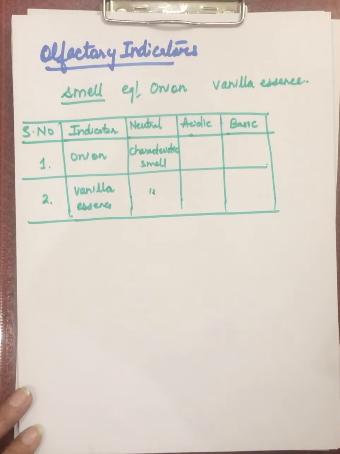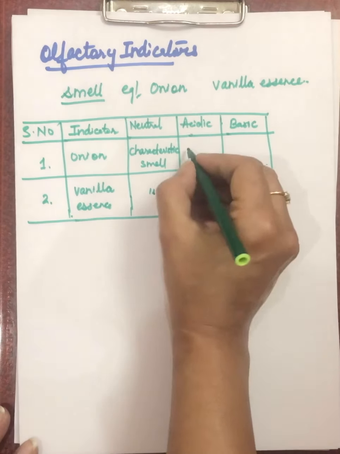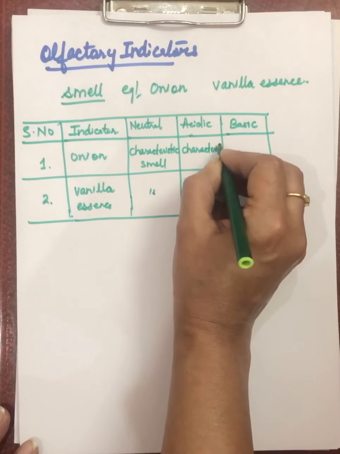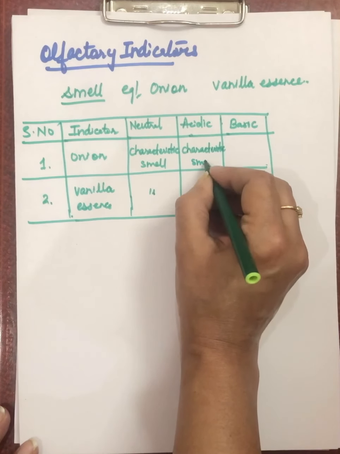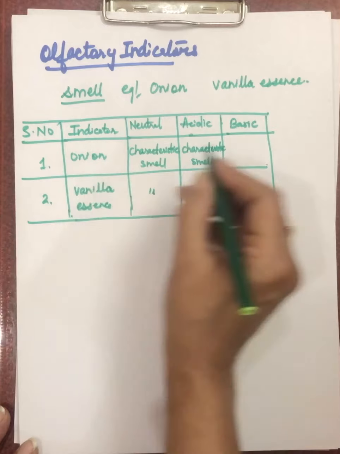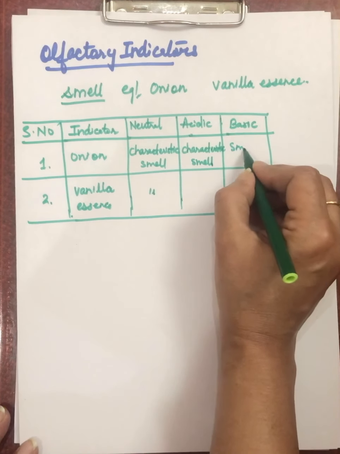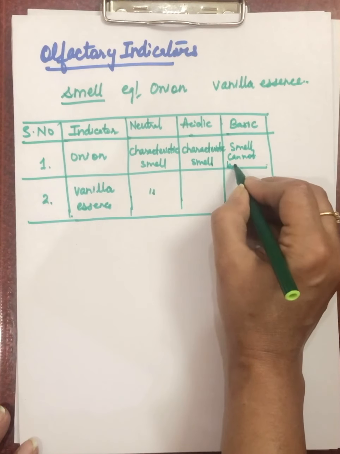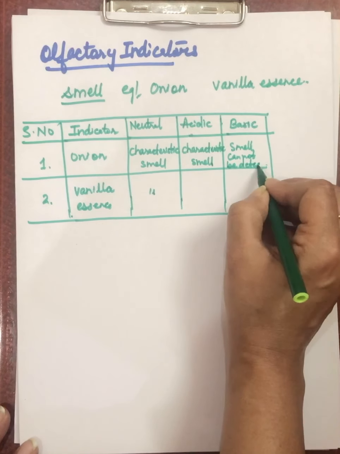Now if we add this onion to an acidic medium, we can still smell that characteristic smell of onion. The smell will remain as it is in acidic medium. But if we add the onion indicator to a basic medium, the smell cannot be detected. It will disappear in basic medium.